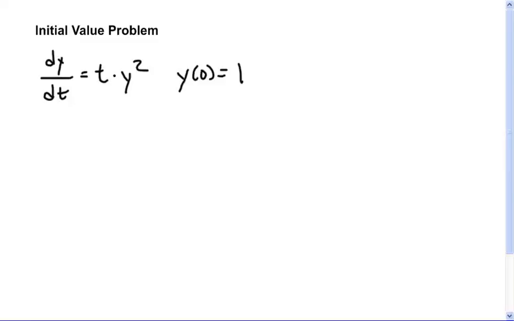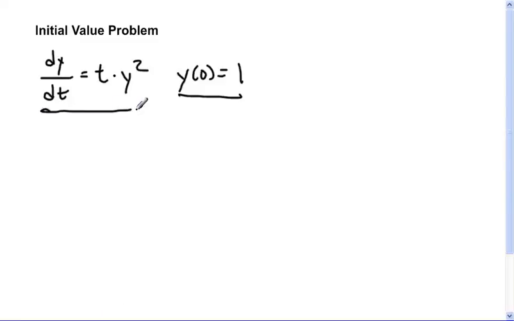A differential equation on its own is not complete information. A differential equation gives you a way to get at the derivative. The derivative is how the quantity changes. But you can't, just based on that, tell what the quantity will be at all times. You actually have to know where the quantity starts, so to speak. And that's what the initial condition is.